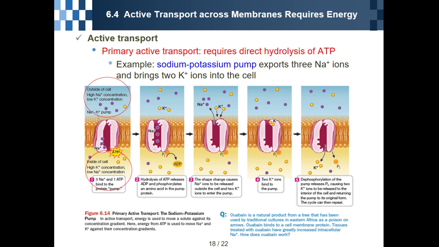So we call this an antiporter. An example is the sodium potassium pump. They export 3 Na plus ions and bring in 2 K plus ions. The important thing is this channel protein directly uses ATP.